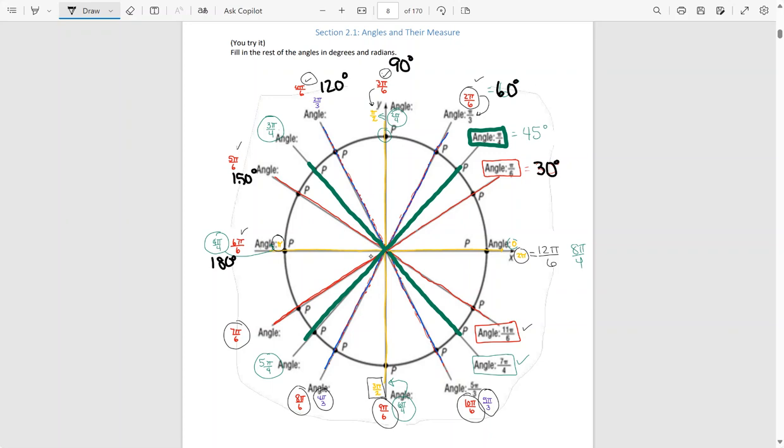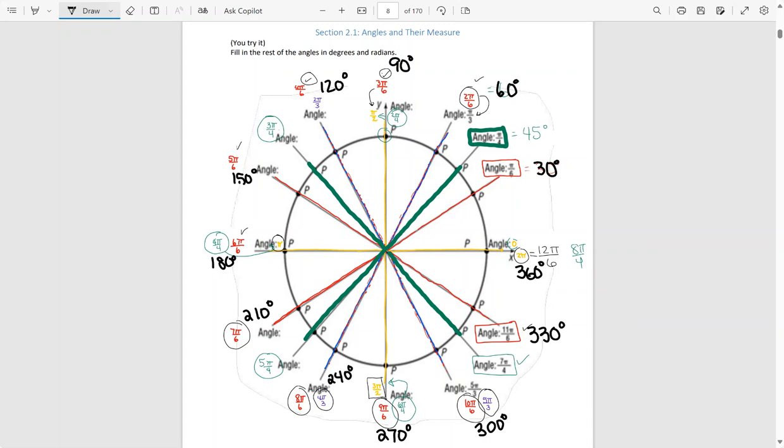The next outside spoke here is the red one, 210, add 30 to get 240, hit the quadrantal 270, add another 30 to the outside spoke, not the green one, but the outside ones. So that's 300 degrees, 330 degrees, and then all the way around 360 degrees.